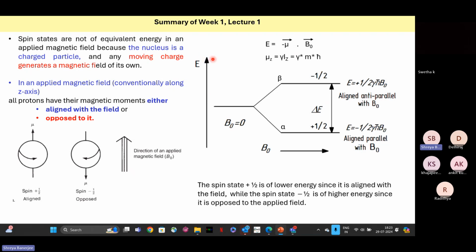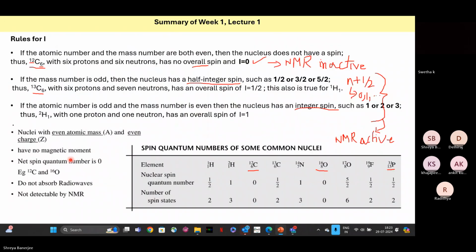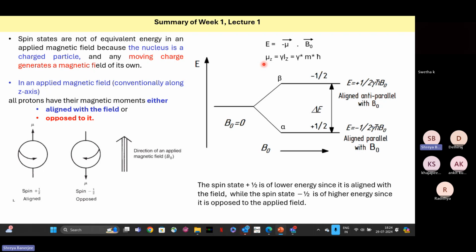That is why I have written mu Z here. So mu, we have already seen the formula, is gamma I. Because we are calculating mu Z, it will be gamma IZ, and IZ specifically can be written as m h bar. So in the first slide, we saw that IZ can be written as m h bar. So mu Z can be written as gamma m h bar. So here we have a case where I is half.